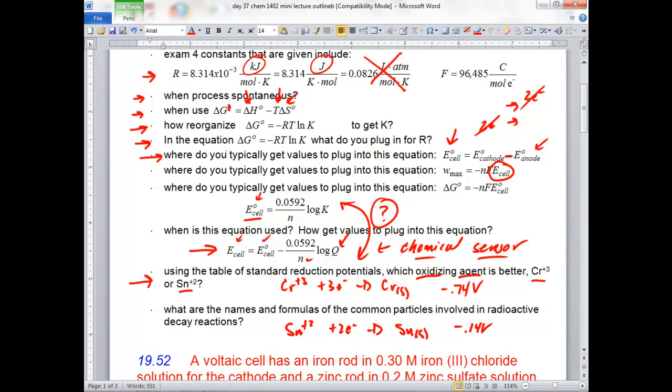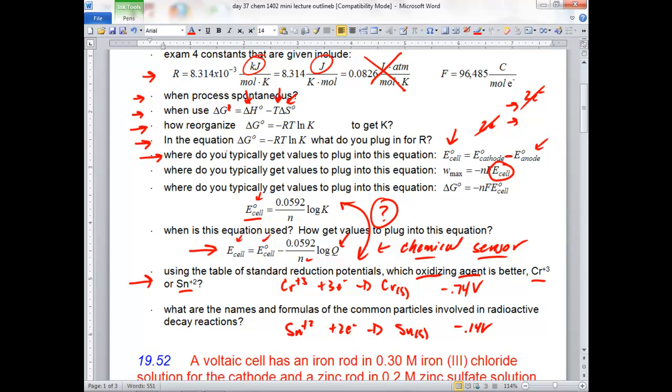Getting reduced. Things getting reduced because oxidizing agents get reduced. So is my chromium-3 and my tin-2 getting reduced? Yeah, right, because chromium plus 3 is going to chromium solid. Yeah, everything's getting reduced. Plus, I copied it right out of the reduction table. Exactly.